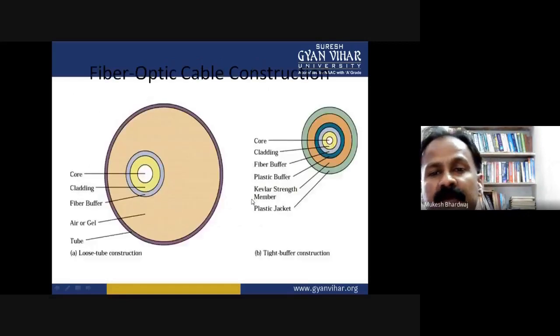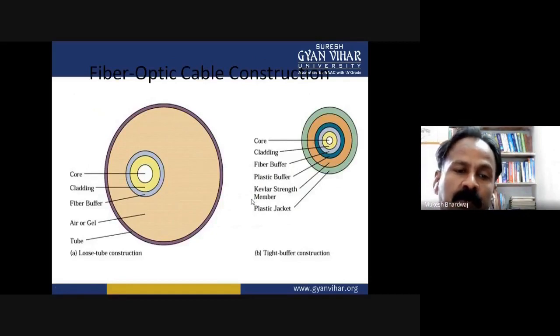Fiber optic cable construction. So, loose tube construction and tight buffer construction are shown. The innermost part is core, the yellow one is cladding, and the shaded gray is fiber buffer, air or gel, then tube.